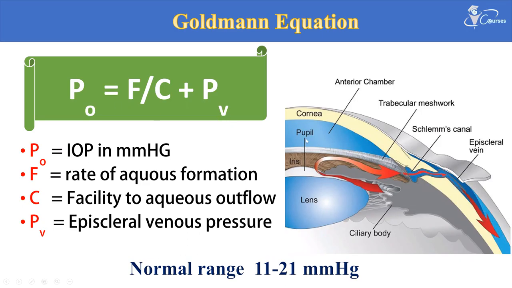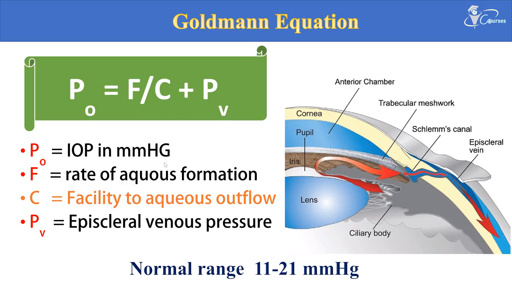So again, the pressure inside the eye will be the rate of aqueous formation by the ciliary process, divided by the rate of aqueous outflow from the trabecular meshwork and so through the conventional and the uveoscleral pathway, plus the episcleral venous pressure. So these are the three factors that will determine the intraocular pressure. If the exam asks you what will be the most important factor that will control the intraocular pressure, whether it is the aqueous formation or the resistance to outflow or the episcleral venous pressure, it will be the resistance to the aqueous outflow.